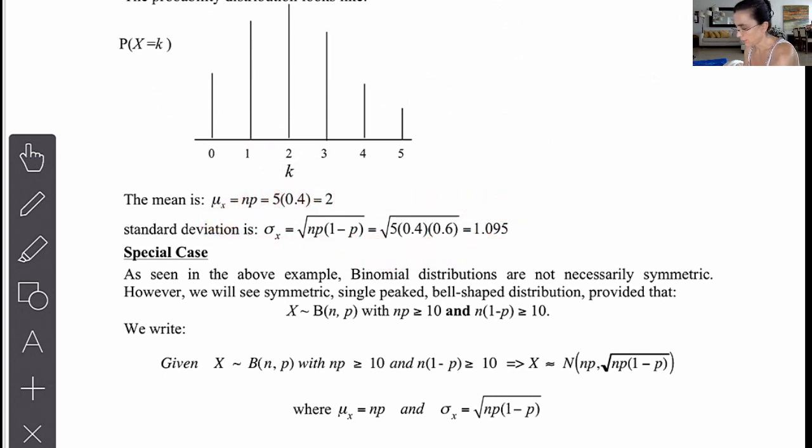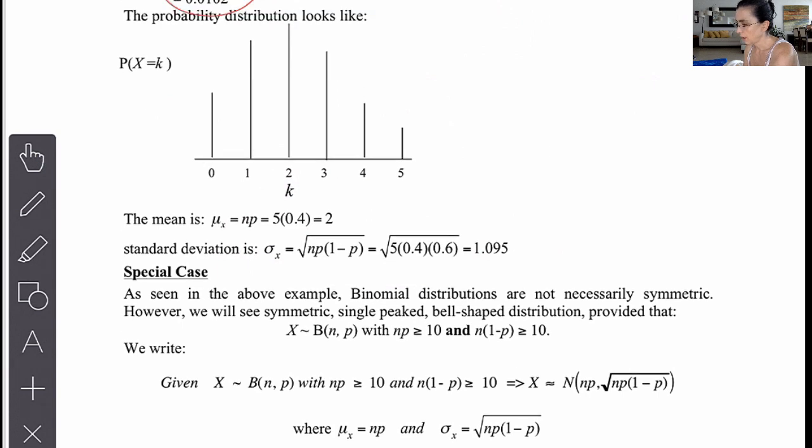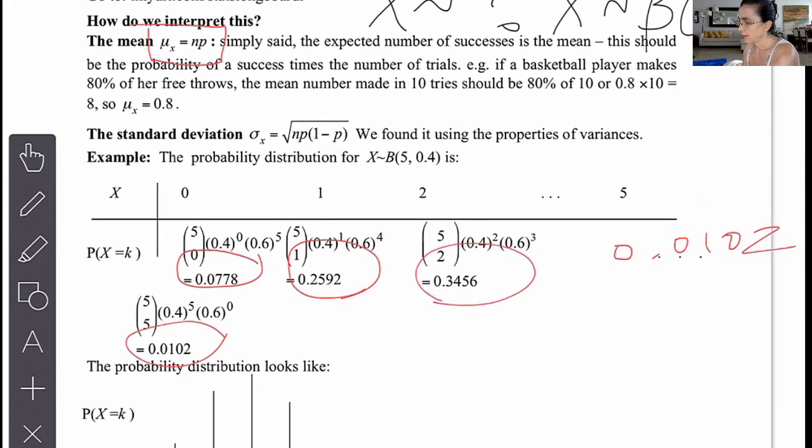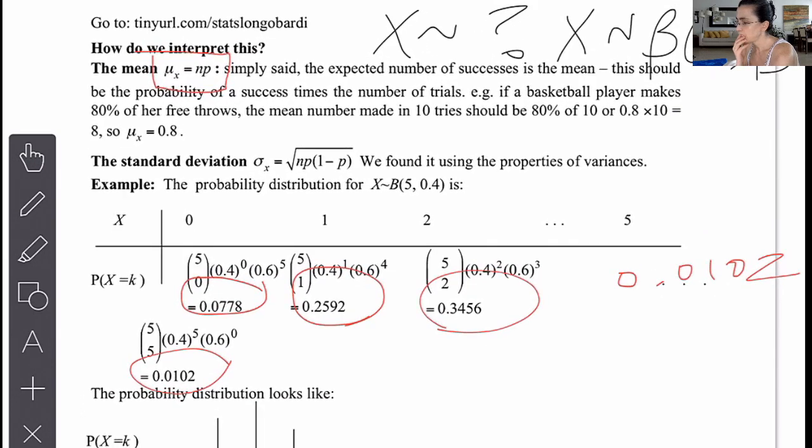So where do these formulas come from? So let's go back up. So if x is the count variable, it's binomial. Think about the example that I provided to help you understand where this formula comes from. Imagine you know of a basketball player that makes 80% of their free throws.